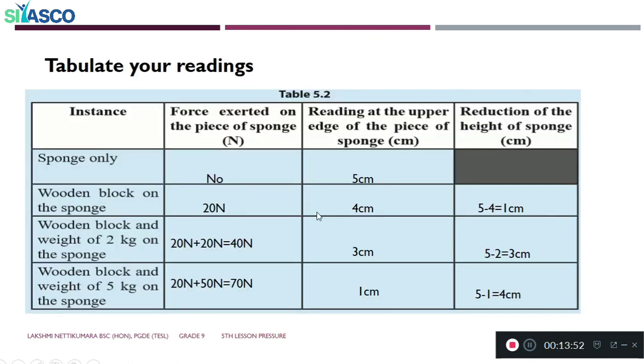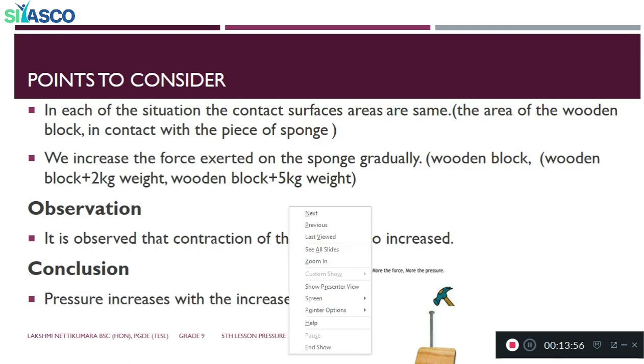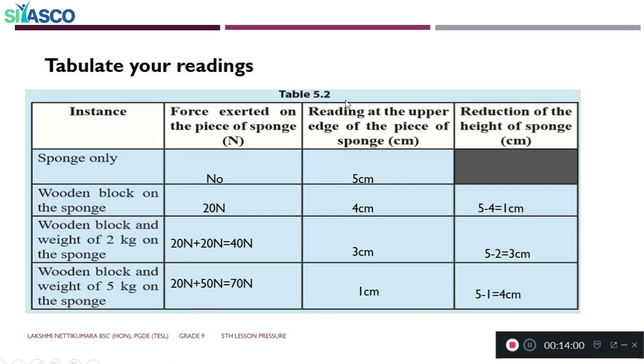Now it's easy. Now I tabulate all these things in one place. Now look at them. Here is the sponge only. These are the readings that you have to get. Force exerted on the piece of sponge: no force at the initial position. So now the reading of the upper edge is 5. No reduction in height, right?